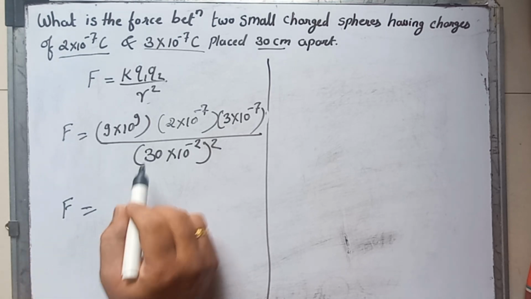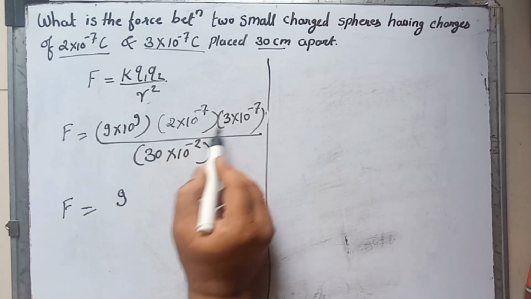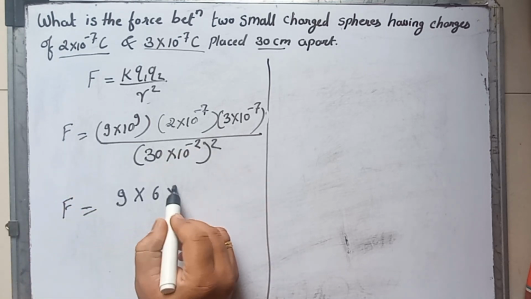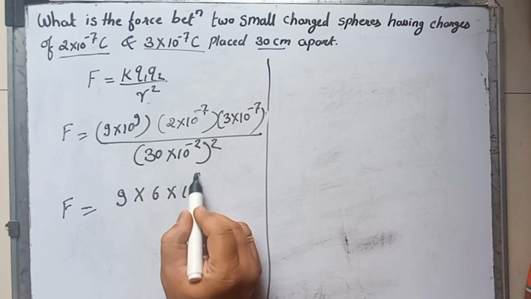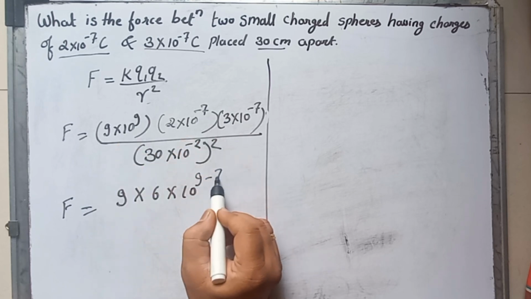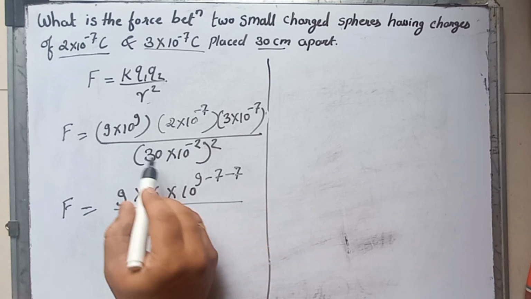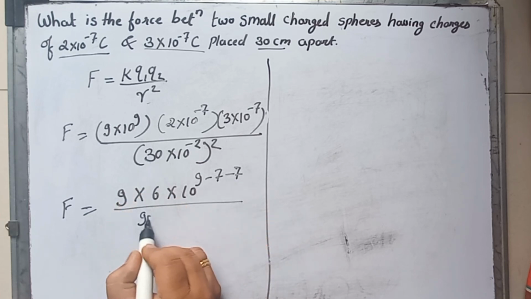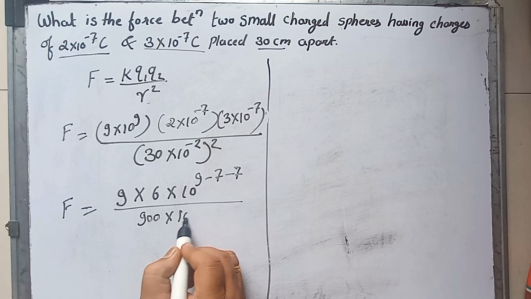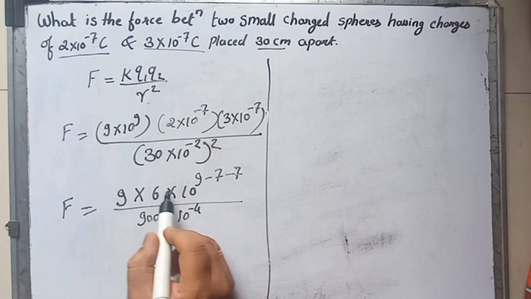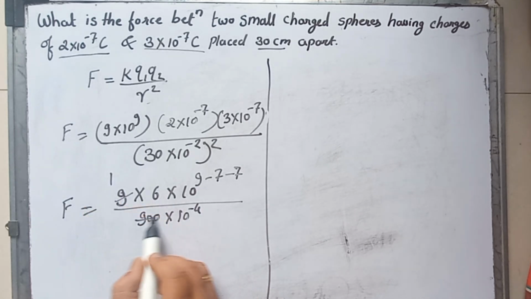So F is equal to 9, 2 threes are 6, × 10^(9 - 7 - 7), divided by the square of 30, which is 900 × 10^-4. So the 9 ones become 100.